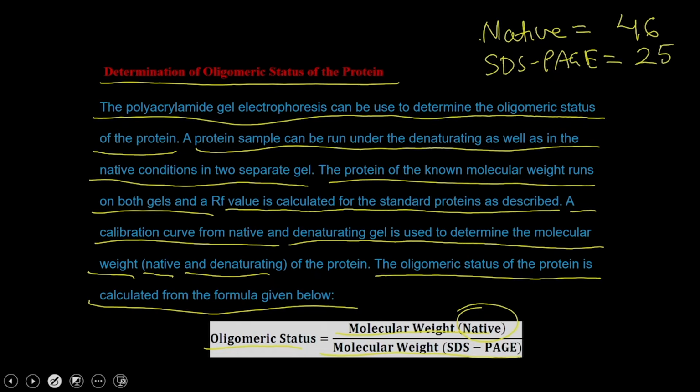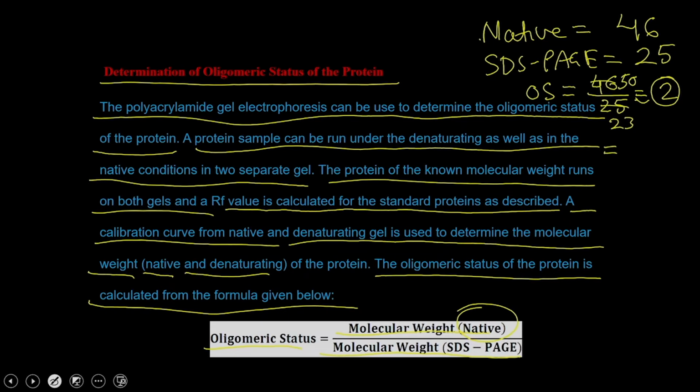Now, to calculate the oligomeric status, I will just divide 46 by 25, which is actually going to be lesser than 2, because ideally it should be 50, or this could have been 23.